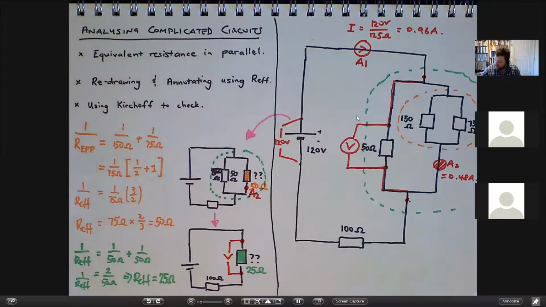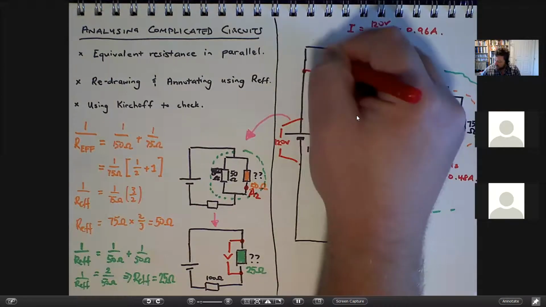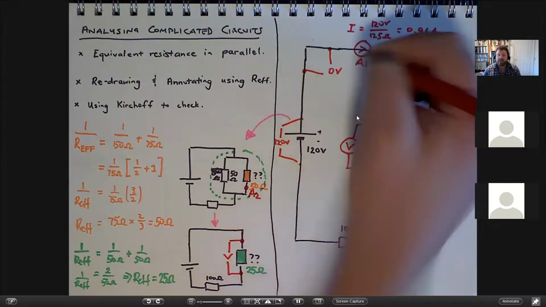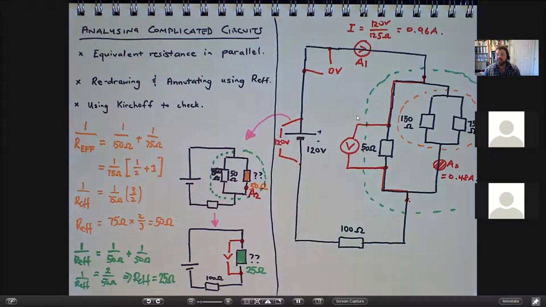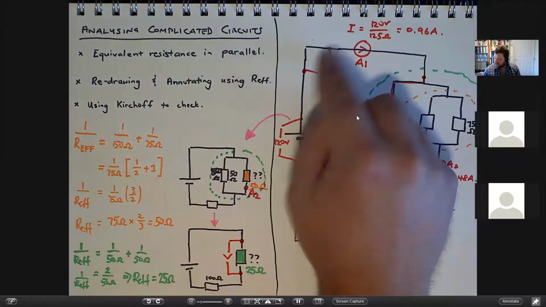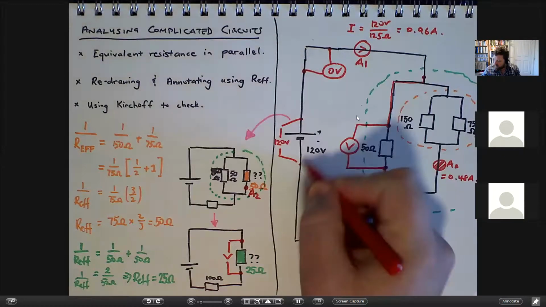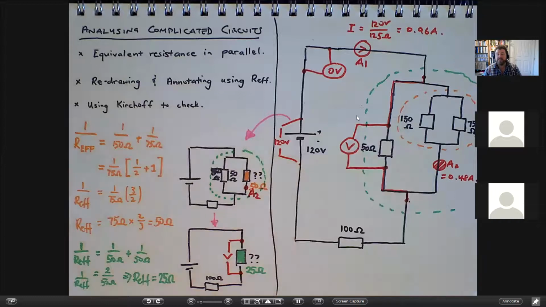But if you measured from here to here, then you would get 0 volts. Because what a voltmeter measures is not absolute numbers, it measures the difference between the two points. So if nothing's been used up between here and here, then you don't measure anything. But you will measure a big difference between here and here because the battery has given them 120 volts in between those two points.